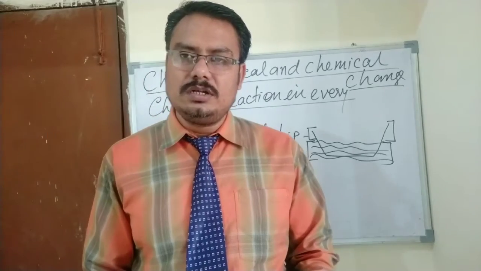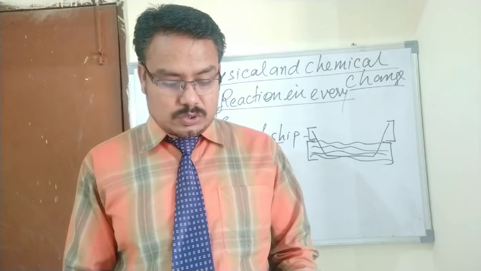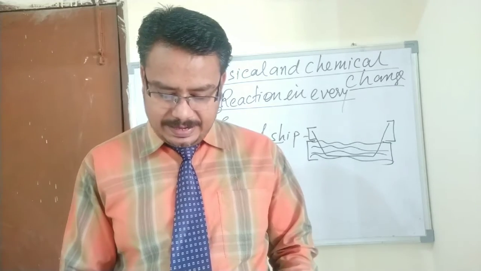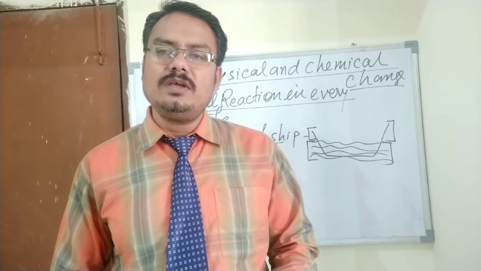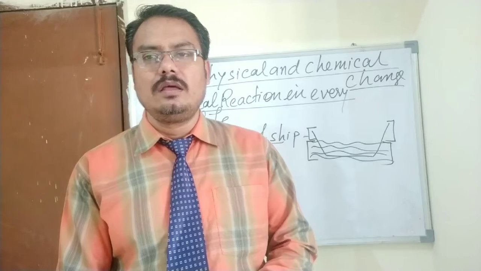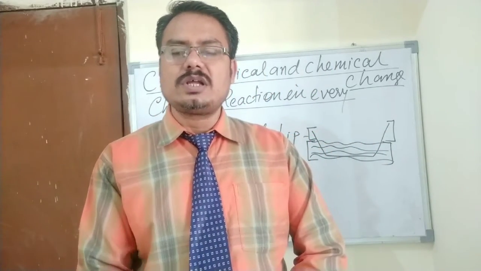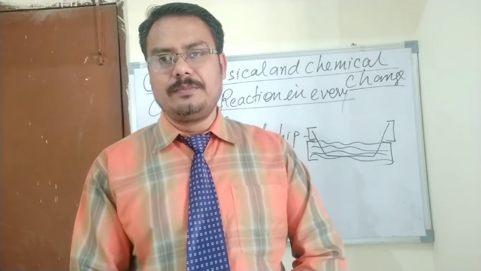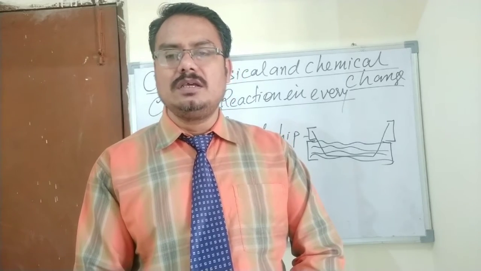So you can see there is a huge loss of iron every year under such conditions. This causes a lot of economic loss, because every year the rusted iron of big ships is removed and a fresh iron body is made. A lot of money is wasted in doing so.